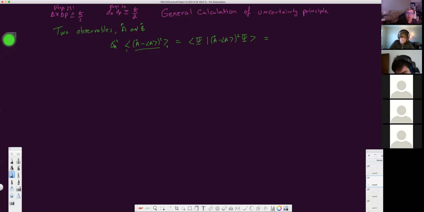And so I can move one factor of A hat minus expectation value of A to the other side, because that's what hermiticity means, right? Okay, so A hat minus the expectation value of A on this side with A hat minus expectation value of A on this side.